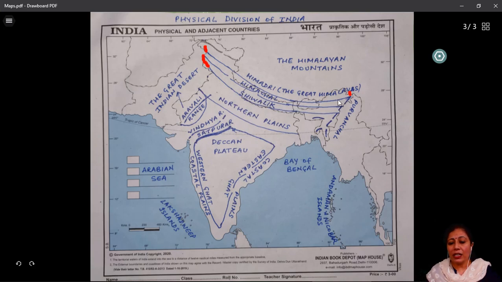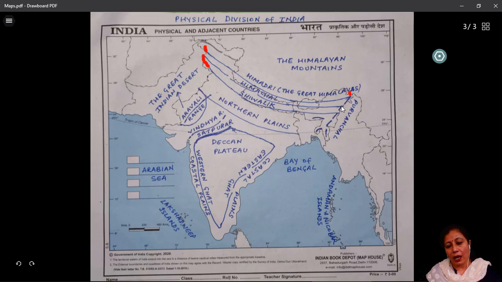You can see that there are some other small mountains. These are called Purvanchal. All these mountain ranges turn from there and move towards the northeastern states.